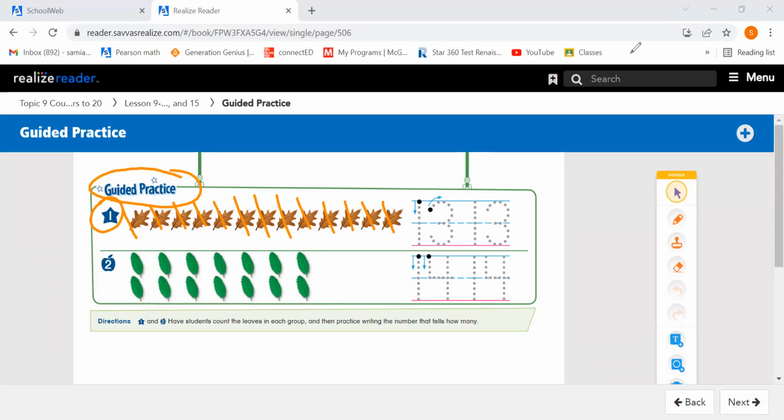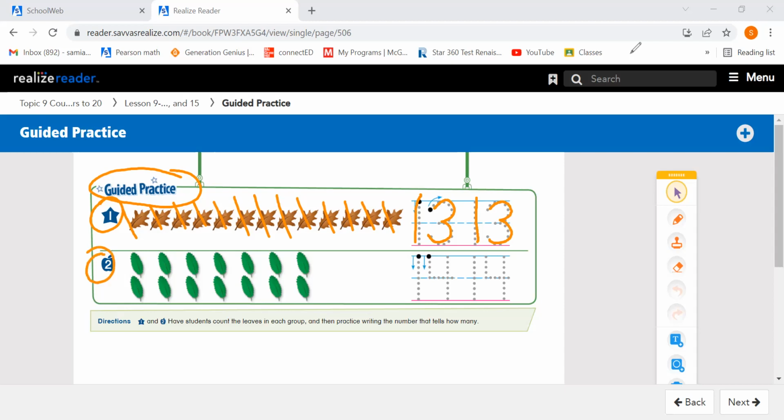Now let's practice writing the number 13. We always start at the top and we go down. We start at this black dot and we go around to make our 3, and that is 13. Let's try it again. We go down and around.